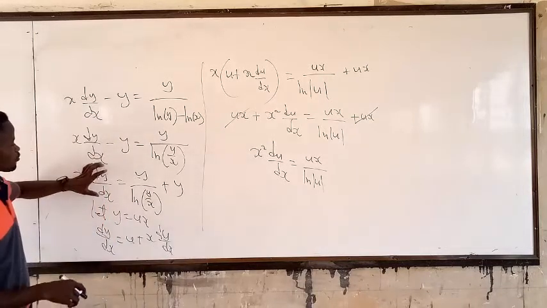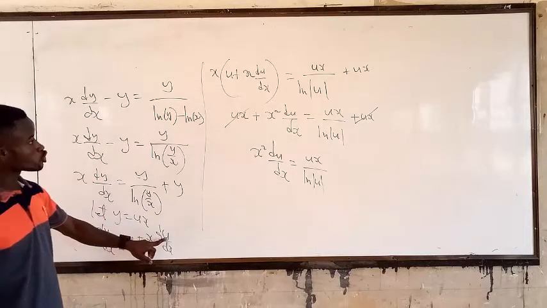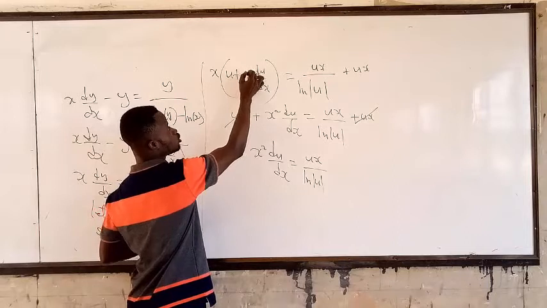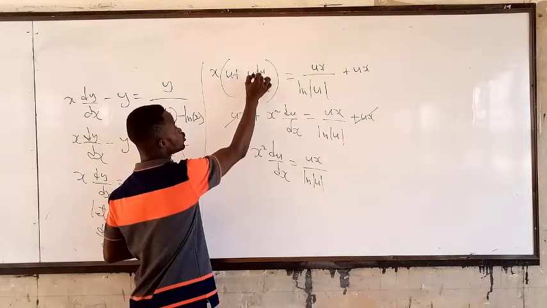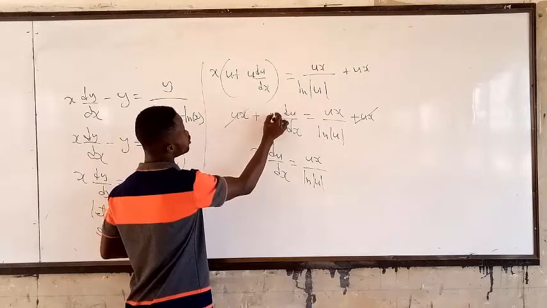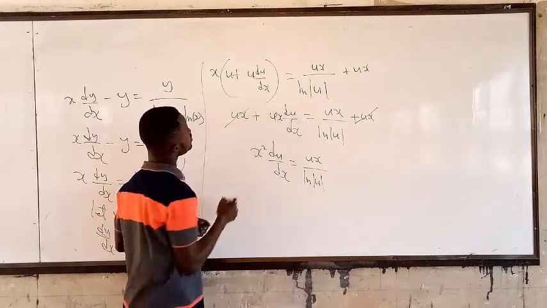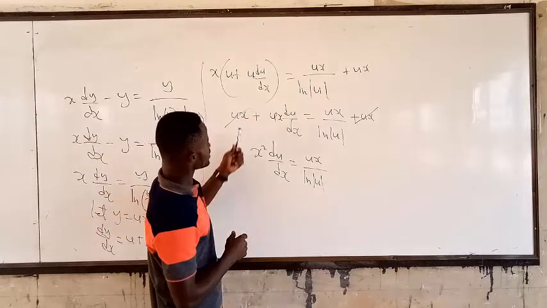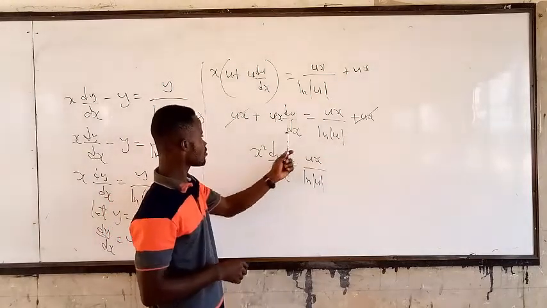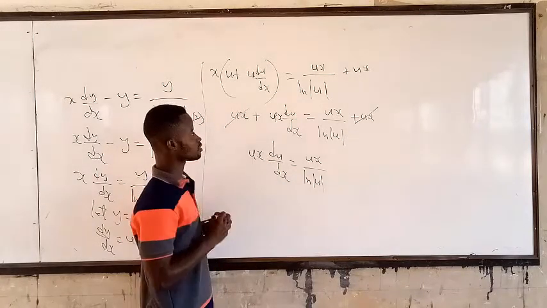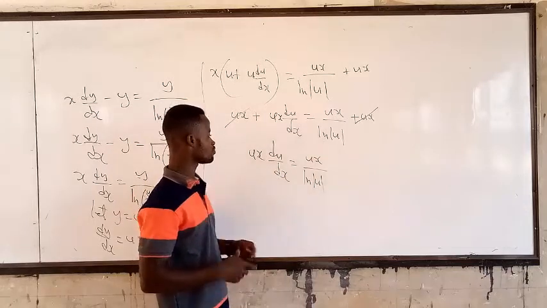By the substitution of the dy/dx, here is du, here is dx, but we made it x instead of u. So here will not be x squared, it is ux. All right? So this cancels this, we will be left with ux du/dx equals this. Very good.